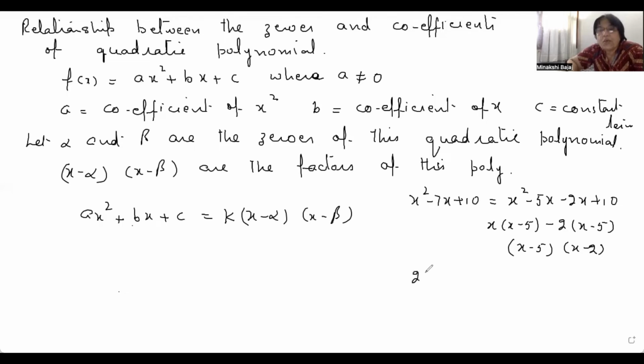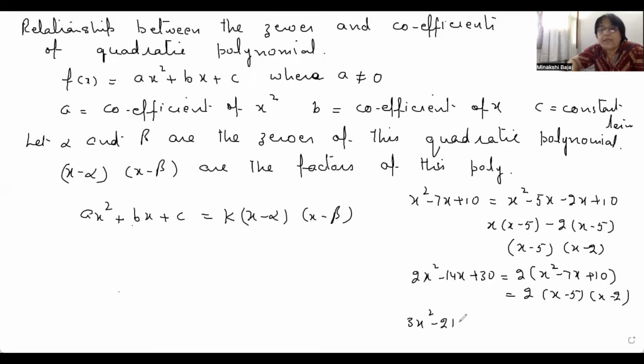If I take 2x square minus 14x plus 30, take 2 common. It is x square minus 7x plus 10. This is the same as x square minus 7x plus 10. It means its factors are x minus 5, x minus 2. If your polynomial is 3x square minus 21x plus, sorry, here it is 30.